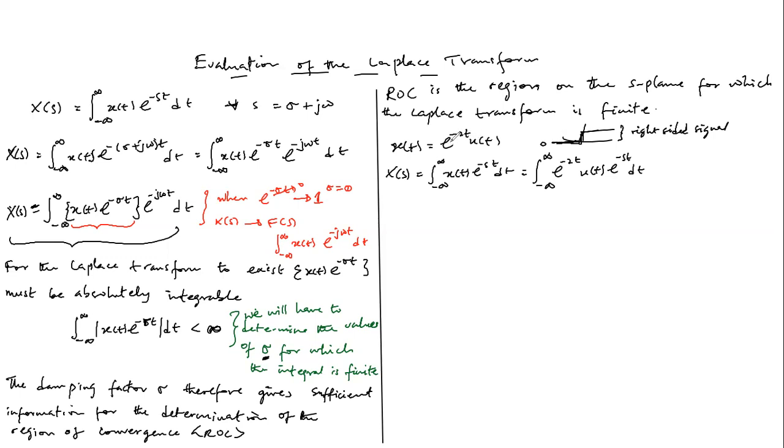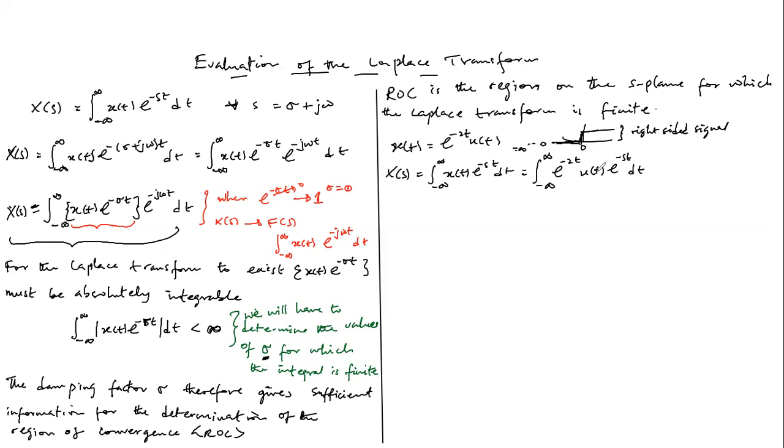So only values of e to the minus 2t to the right will appear in this integration. So under that condition, we recall that this extends to negative infinity. So it means all values from negative infinity to 0 will not appear.